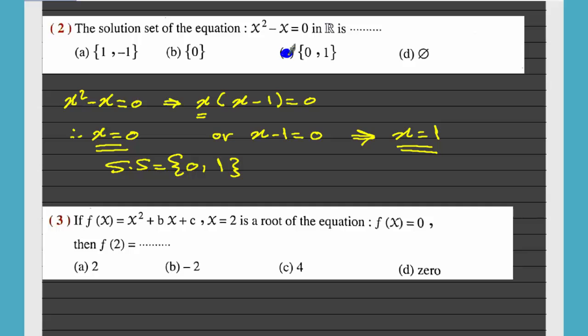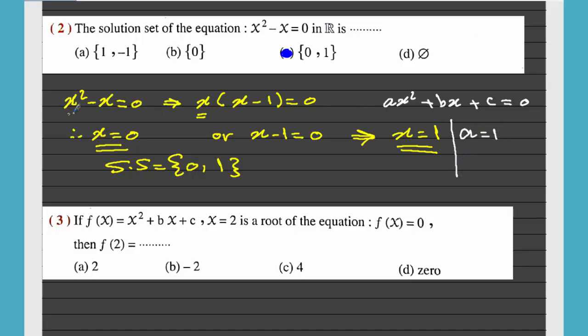Letter C. And also you can use the calculator to solve this equation. Here the equation is in the form ax squared plus bx plus c equals 0. By comparison, a equals 1.